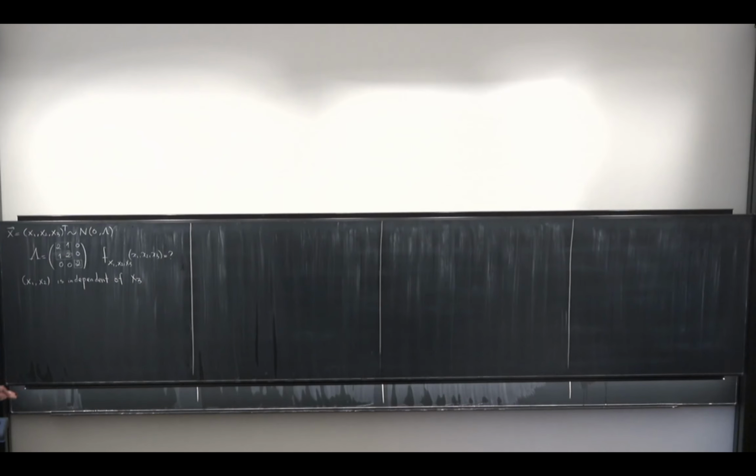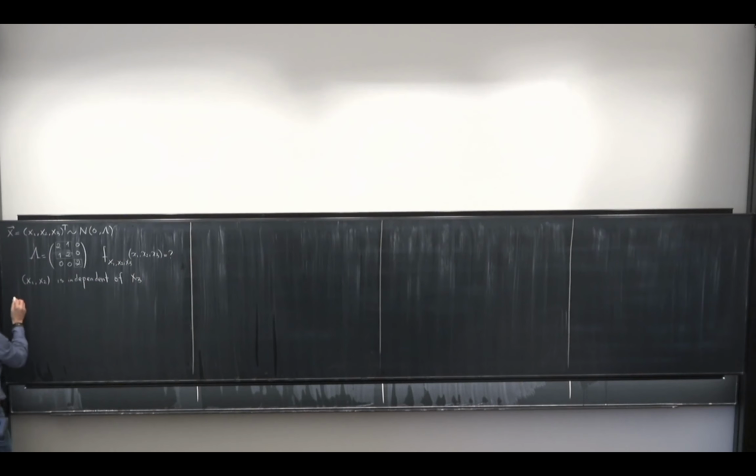So this means that the vector x1 and x2, which is the first block, is independent of the last block, which corresponds to x sub 3. So what does it mean?